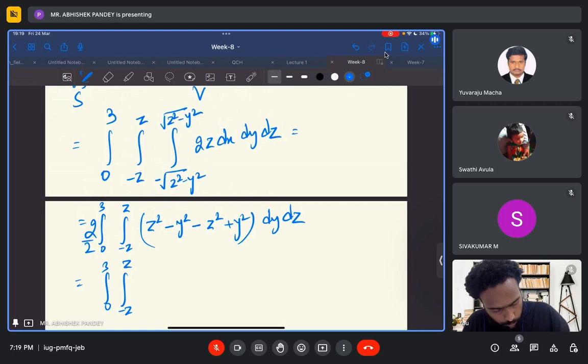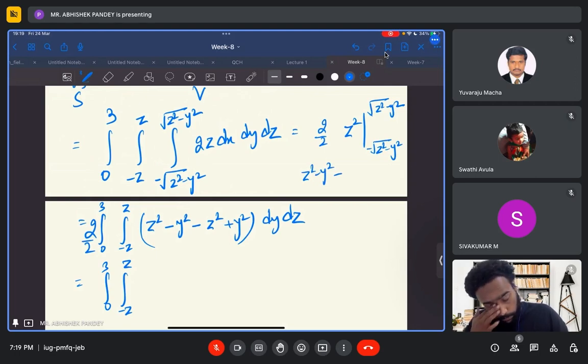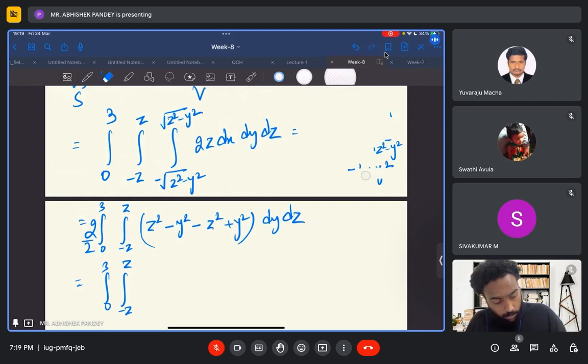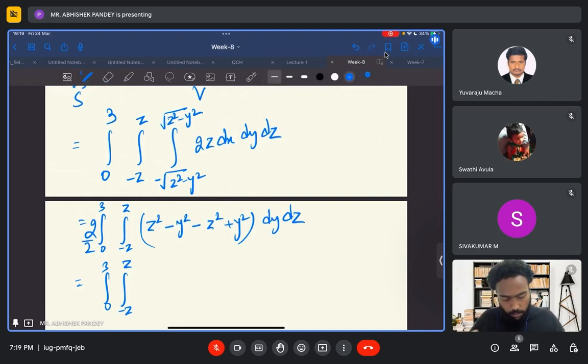So I think this is 0. This integral is coming 0.